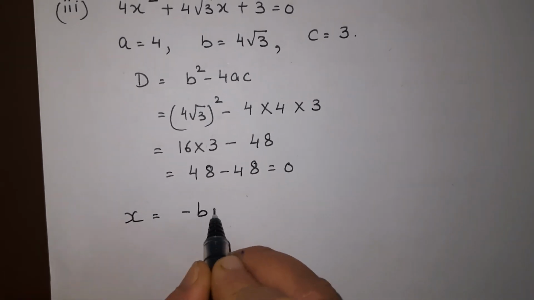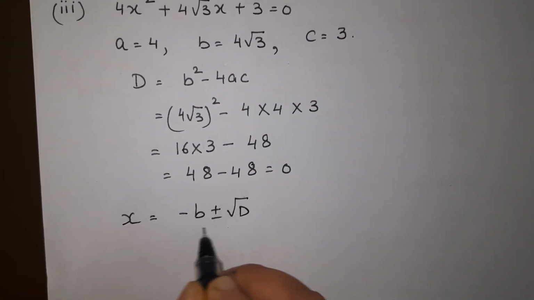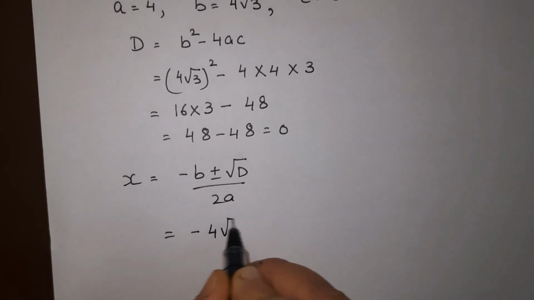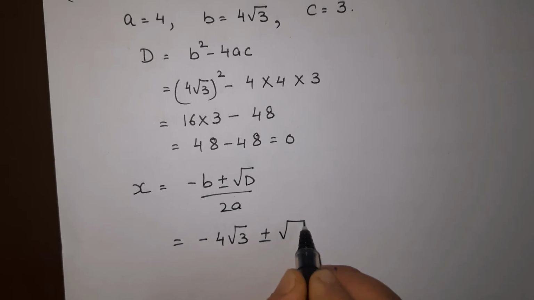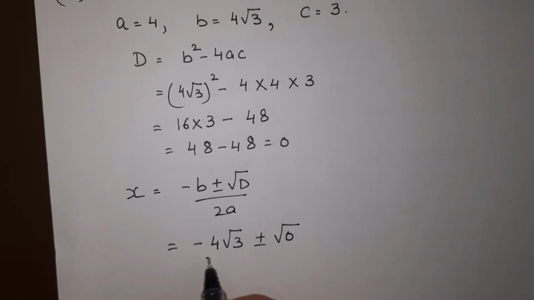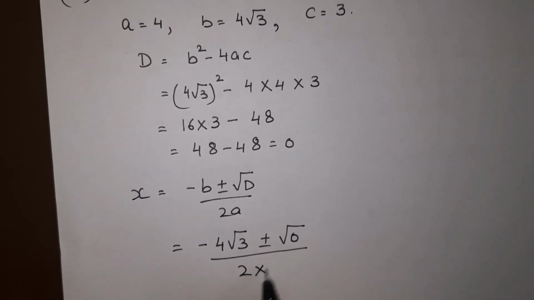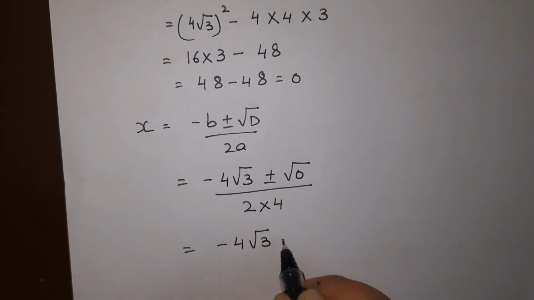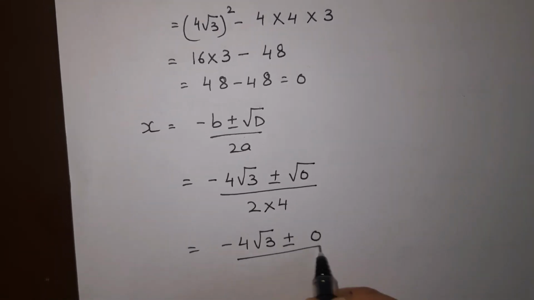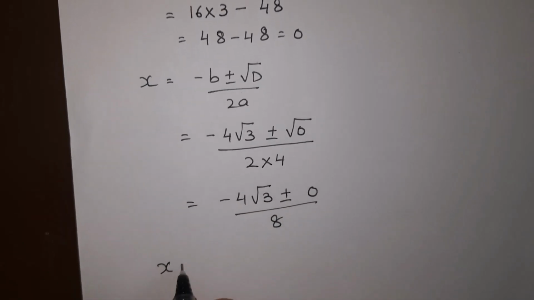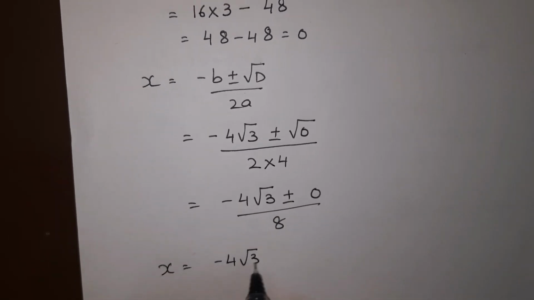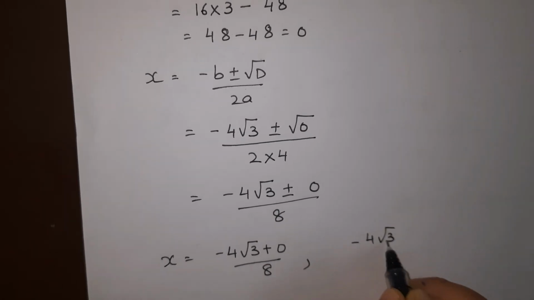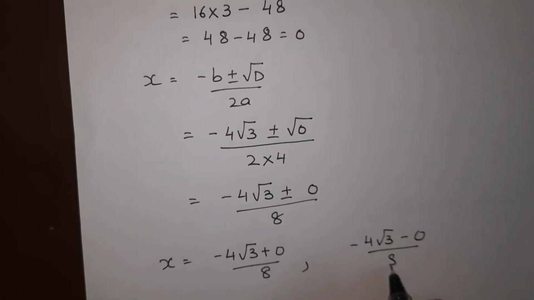X is minus b plus minus root of D over 2a. So we have minus 4 root 3 plus minus root of 0, D is 0 here, over 2 into 4. So we'll get minus 4 root 3 plus minus 0 over 8. So the values are minus 4 root 3 plus 0 over 8 and minus 4 root 3 minus 0 over 8.